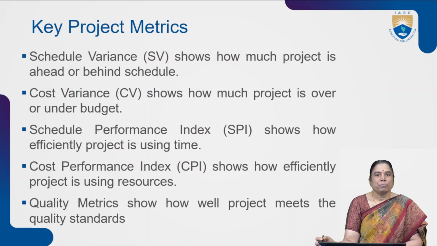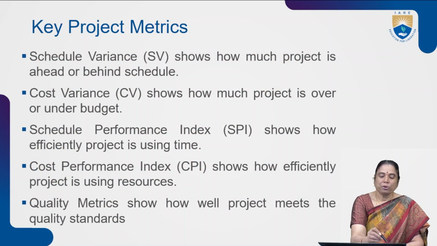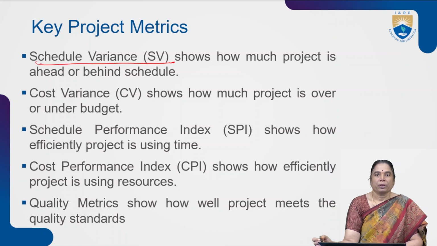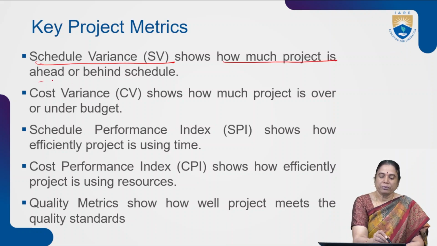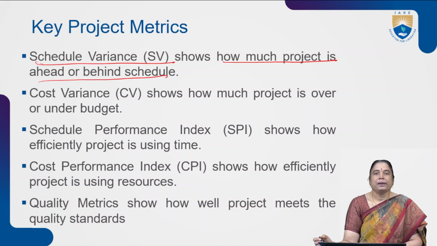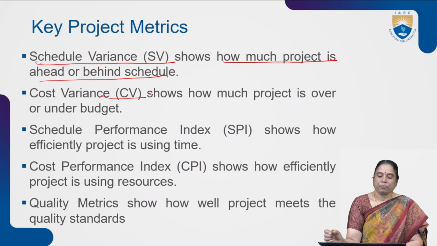The key project metrics are: schedule variance, SV, which is used to indicate how far the project is ahead or behind the schedule. Cost variance, CV, shows how much the project is over or under budget.